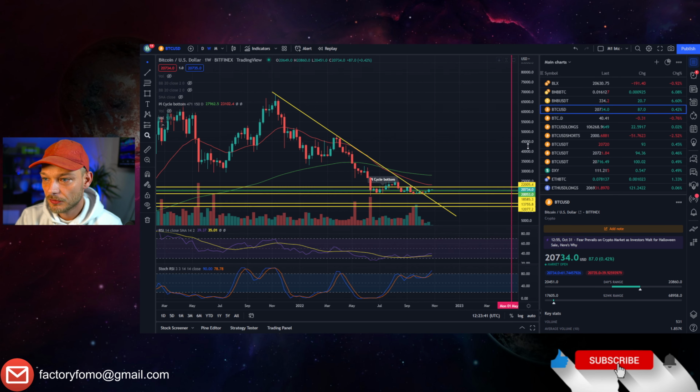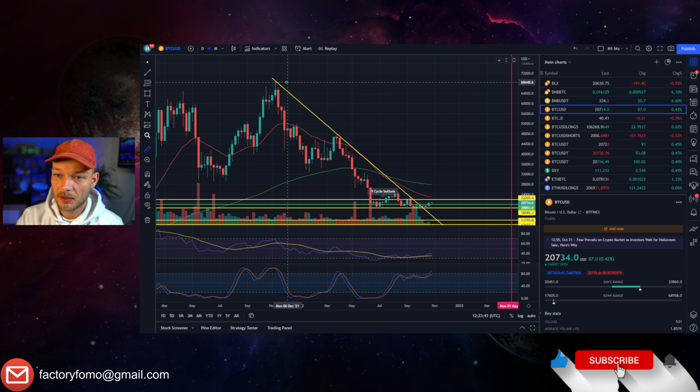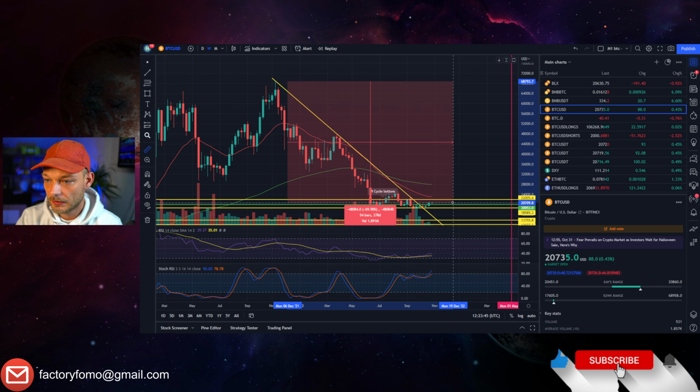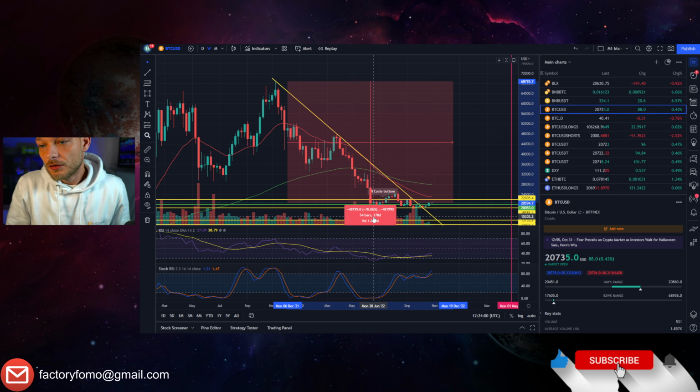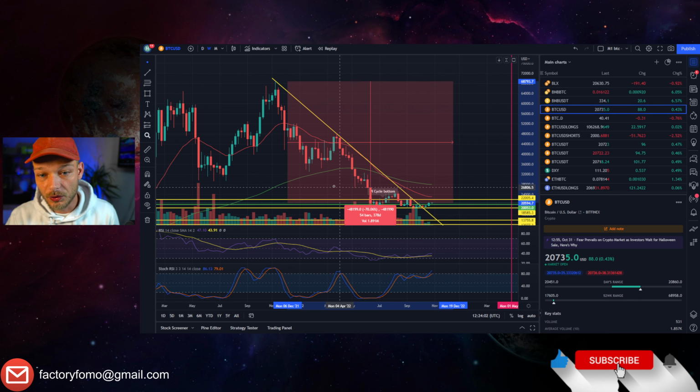Take your measure tool from the top to where we are right now. Bitcoin is now down 70%. It also measures the amount of bars. In this case, 1 bar is 1 week, so 54 bars, 378 days. Cool, so that's also a good tool to use.